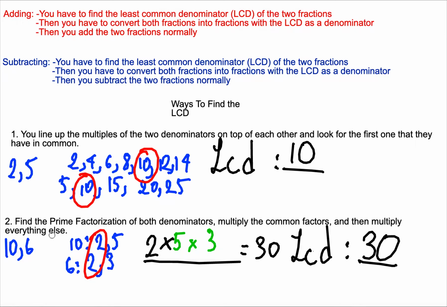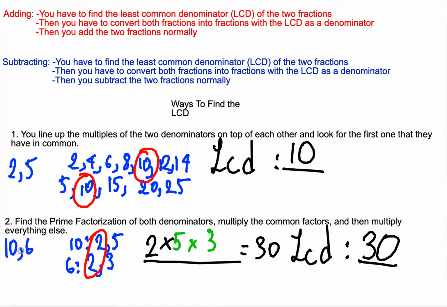But for much larger numbers, let's say if you were to find the least common denominator of 34 and 16, writing down each multiple would take a long time. This method would be easier. Now, this method is to find the prime factorization of both denominators. Then you multiply the common factors and multiply everything else.